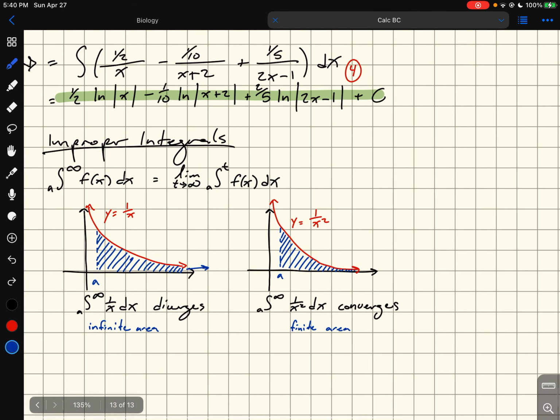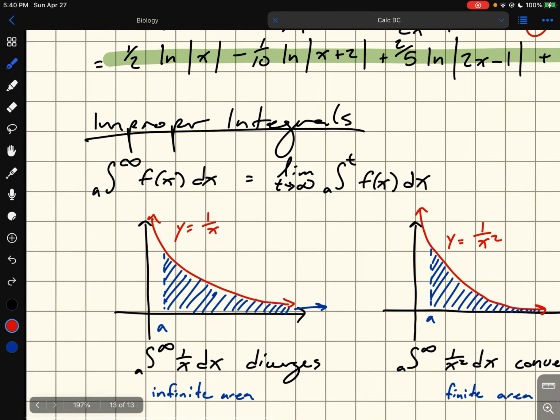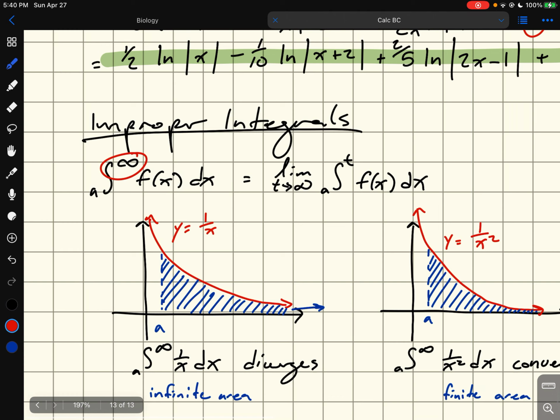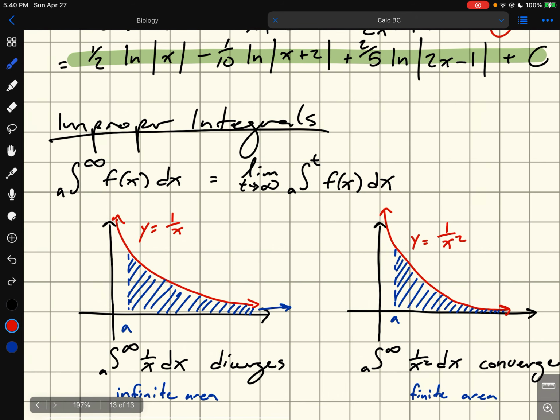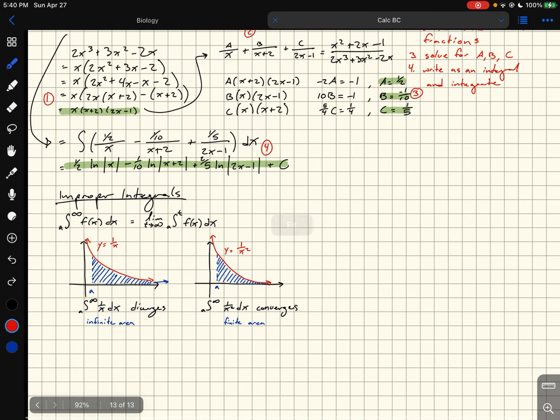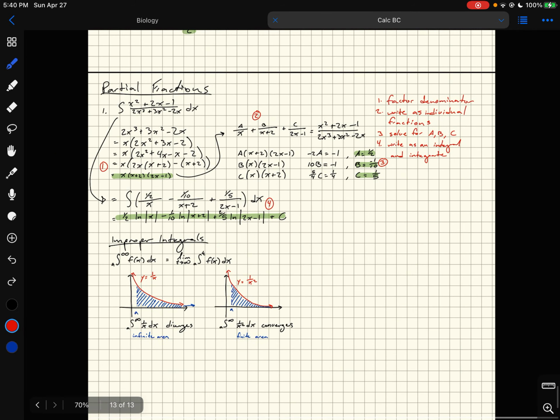But that's starting to get into series. So just the idea is you can't have an infinity in the bound, so we rewrite it using a limit and replace the infinity with a variable to get around that. And then to solve this, do the integral first, and then the limit. Okay, that's all about integrals.